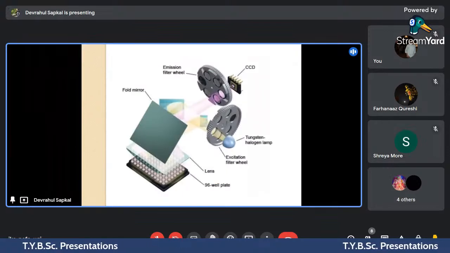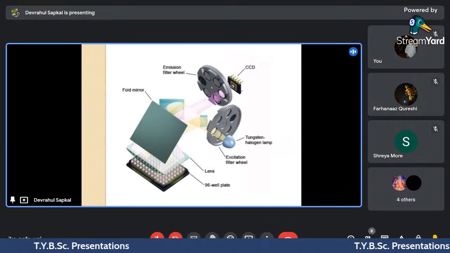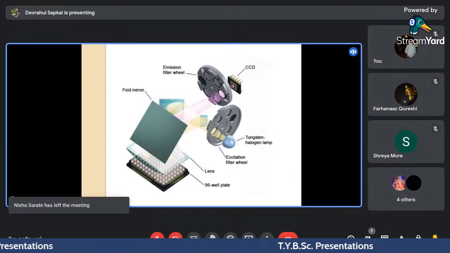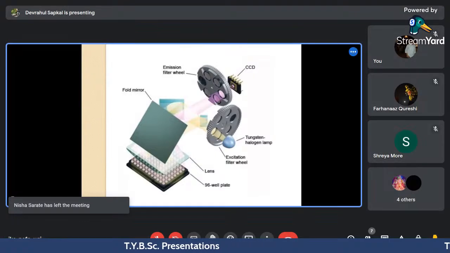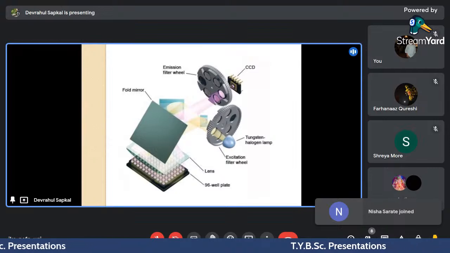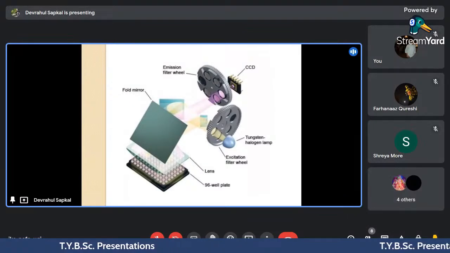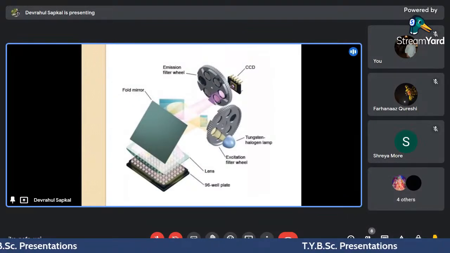This is the second step of quantitative PCR, which is detection. Detection is based on fluorescence technology. The specimen is first kept in a proper well, like you can see in this 96-well plate, and subjected to thermal cycling like normal PCR. The machine in real-time PCR, however, has a tungsten or halogen source, as you can see here, a tungsten and halogen lamp.